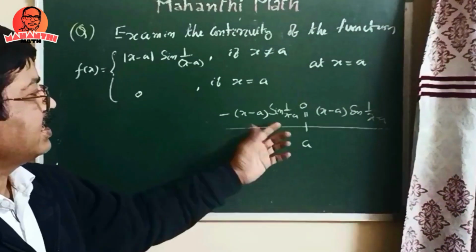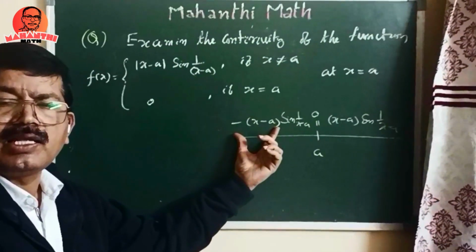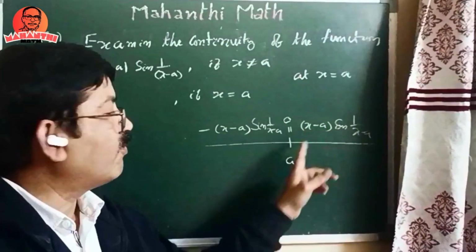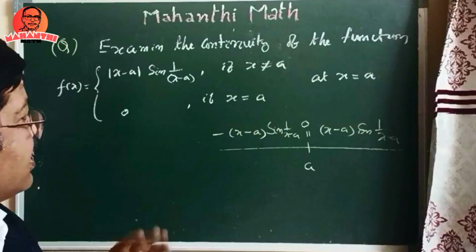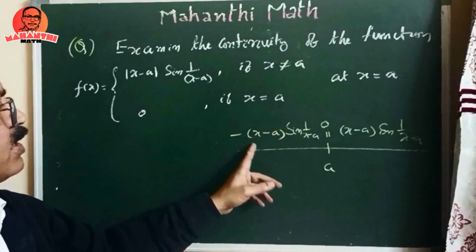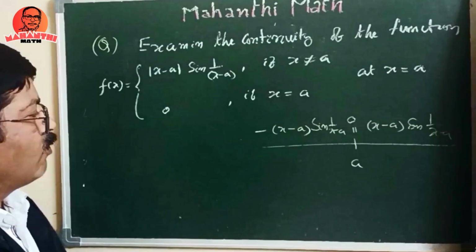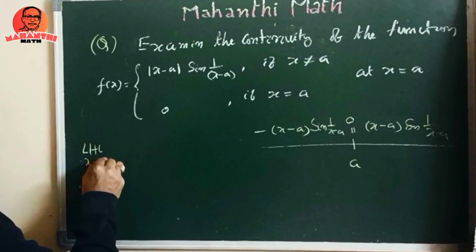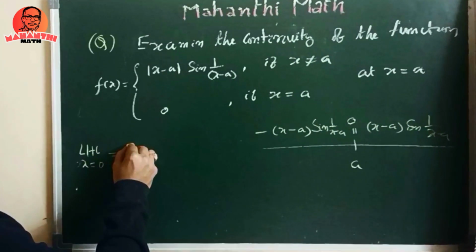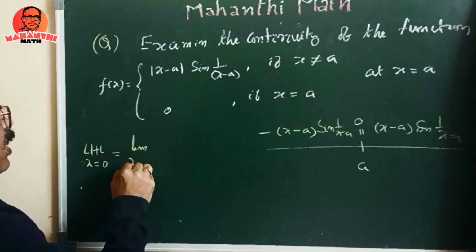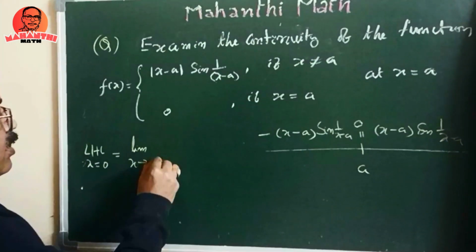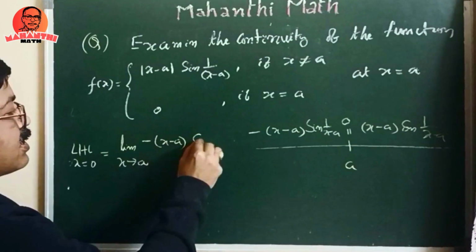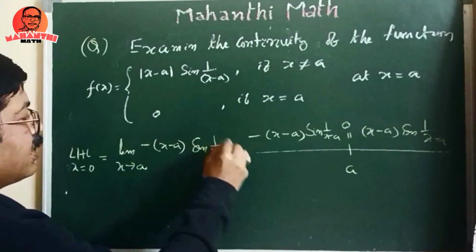When x less than a, this function you have to take for LHL. When x greater than a, this function we have to take for RHL. Function value is 0. So you only have to calculate the limit. So LHL I am writing first: limit x tends to a, the function mod x minus a into sine 1 by x minus a.